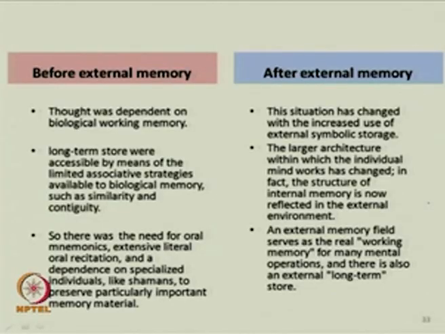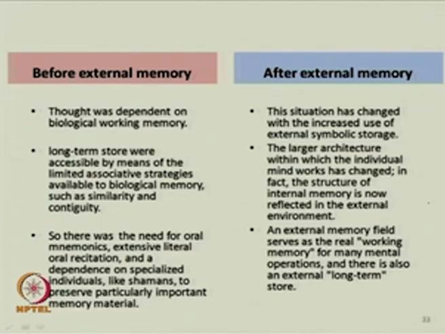So I'll end by looking at this slide. For instance, what was there before the coming in of external memory? Thought was dependent on biological working memory, but after external memory, the situation has changed with the increased use of external symbolic storage. All these points are given to us by Donald.